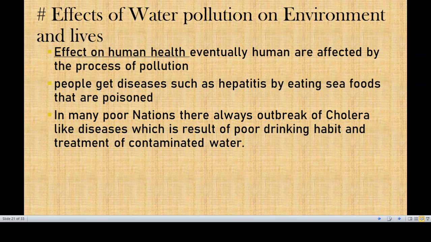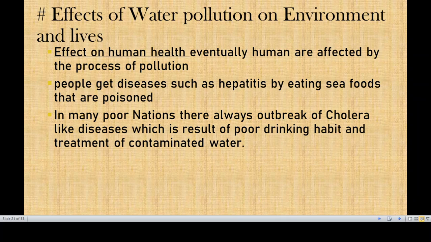The next one is the effect on human health. Now, of course, as we have seen, this will directly affect humans because there is a deposition of poisonous material taking place continuously from a lower state to a higher state. This is one part. But the second part can be more dangerous, because of the water being consumed, which you may use for drinking purposes, or for other purposes like household use.